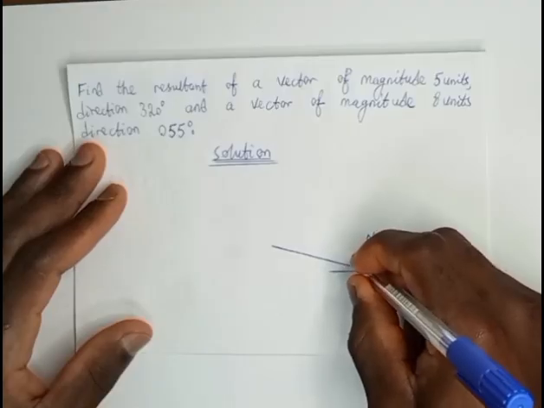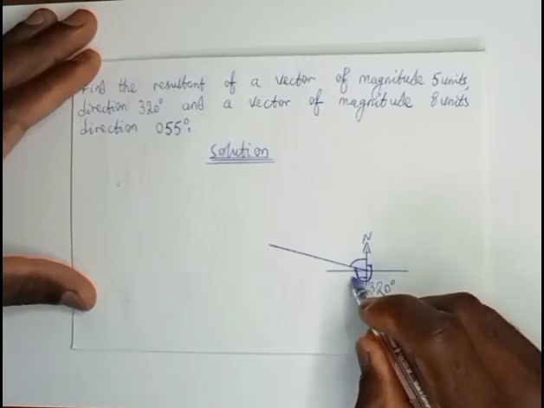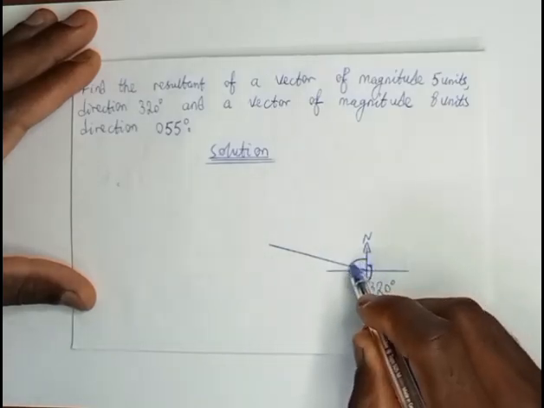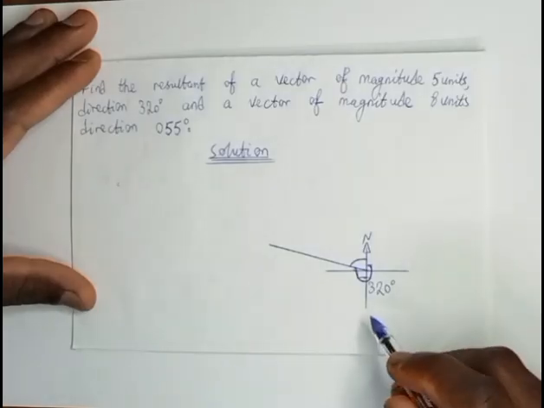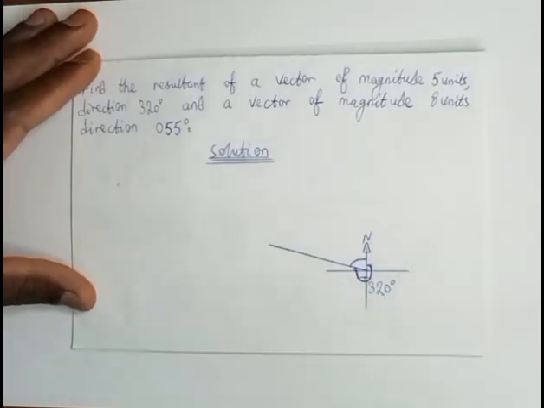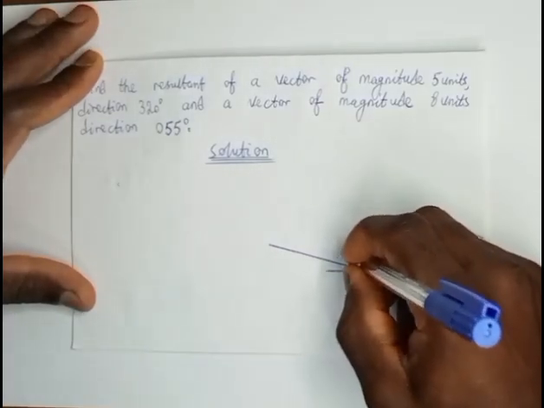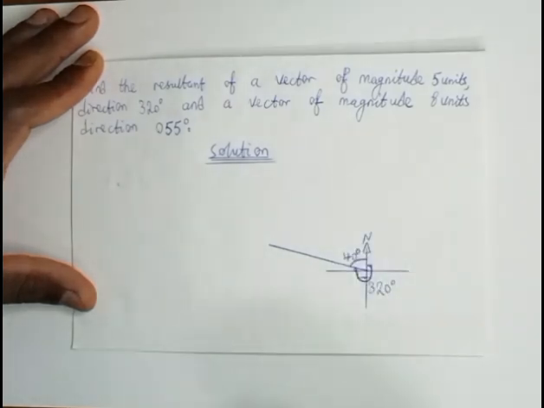Then one complete revolution is 360 degrees, so this angle here will simply be 360 minus 320 degrees, and this will give us 40 degrees.